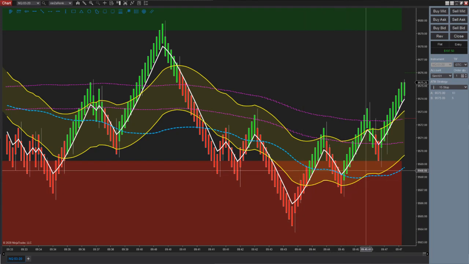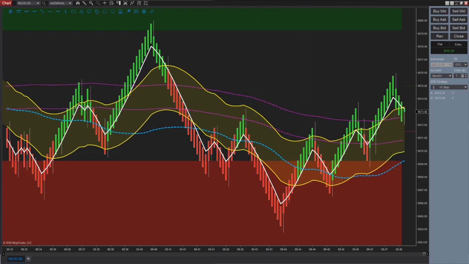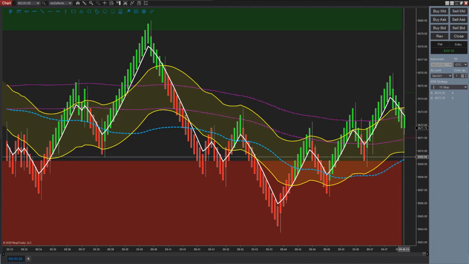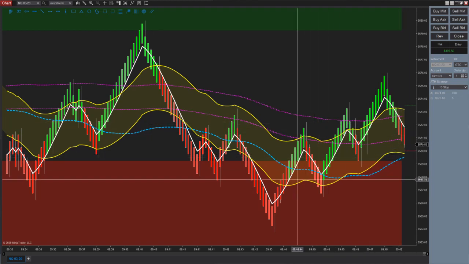Higher lows again. Looks like markets are confused. We are up, that means we should go in here long, but we won't, just because of this indecision.